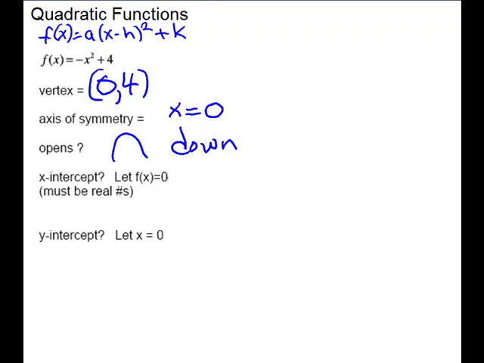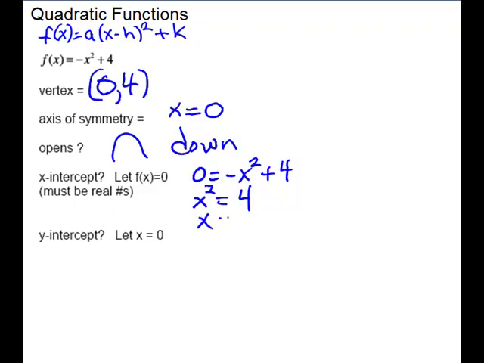For our x-intercept, we have to let y equal 0. So we're going to set this equal to 0. And if we move this x squared to the other side, it would have a positive coefficient. And we usually like that with solving quadratic equations. Right, and this is a perfect one for the square root method.